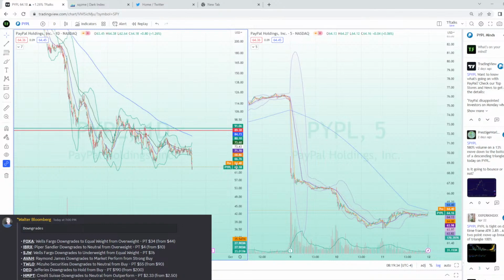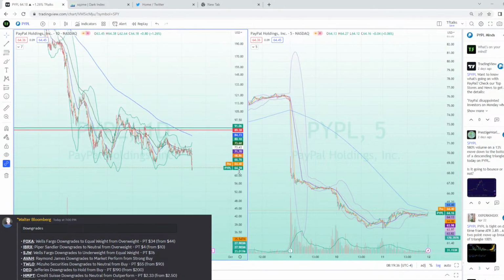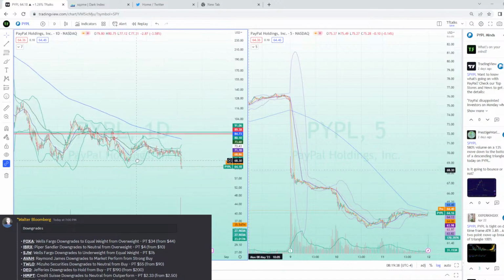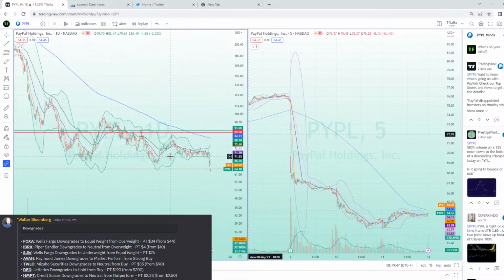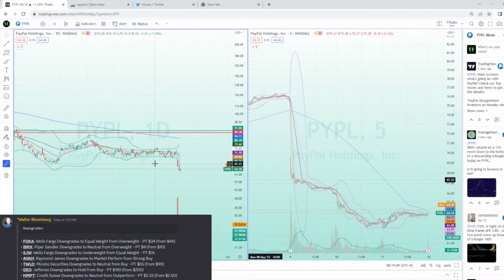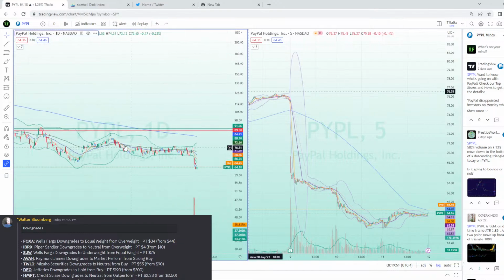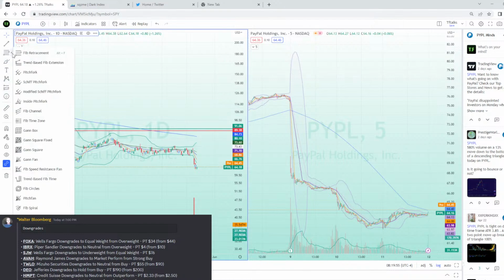Oh, it's at the 64 level. Last time I saw PayPal, it was like 90 something, around the 90, 80 level. But I haven't checked this stock for a long time. So this one is, let me draw a rectangle.